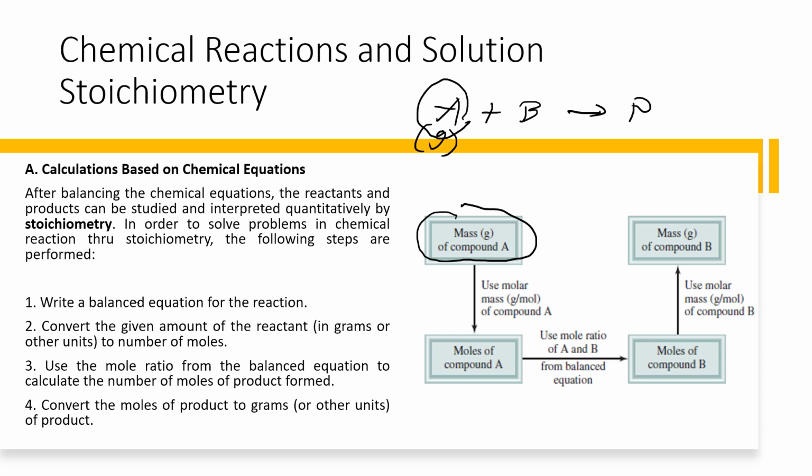Okay, and then use the mole ratio of A and B from the balanced equation, and then you can get the moles of B. Okay, and then use again the molar mass or molecular mass of B to get the mass of compound B. Ganun.